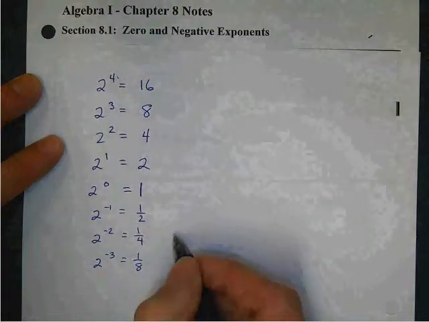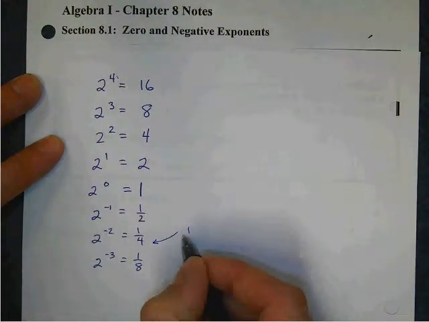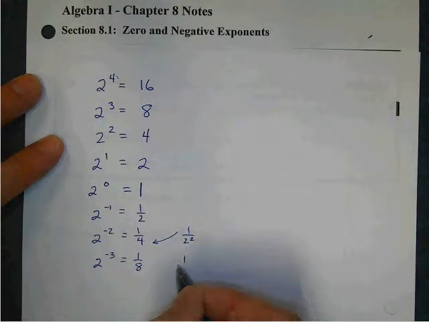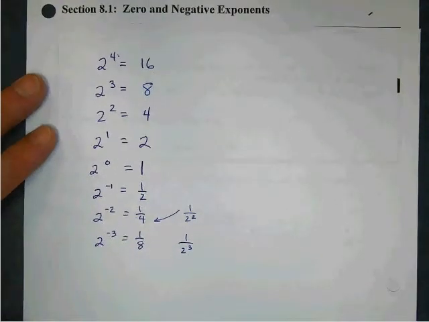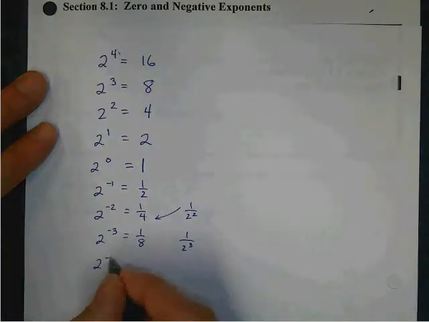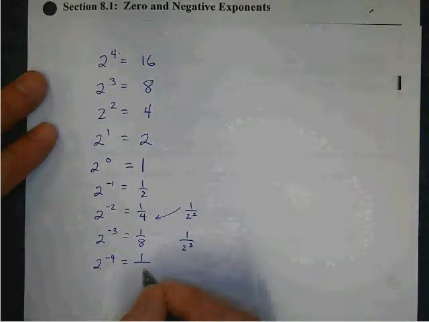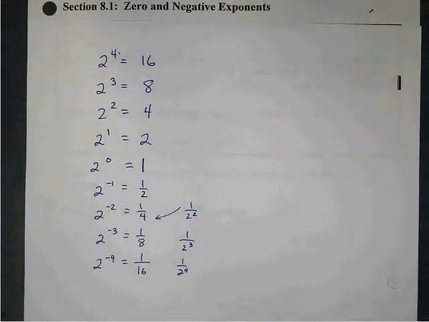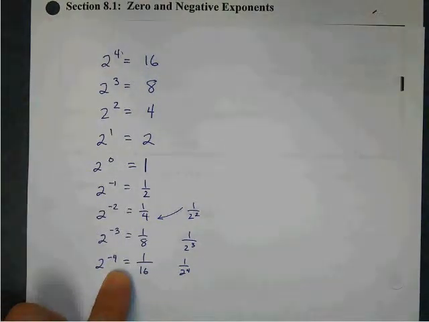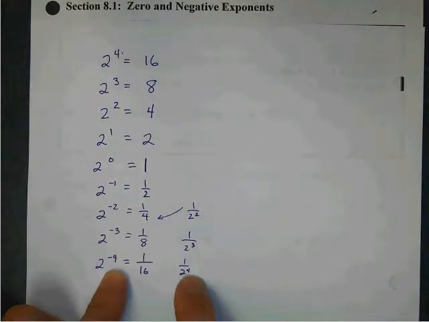Realize that's 1 over 2 squared, that's 1 over 2 cubed. And let's do the last one. Divide by 2 again, and you get 1 over 16, which is 1 over 2 to the 4th. And so a little idea here, a negative exponent on the top becomes a positive exponent on the bottom. Does this pattern make sense?